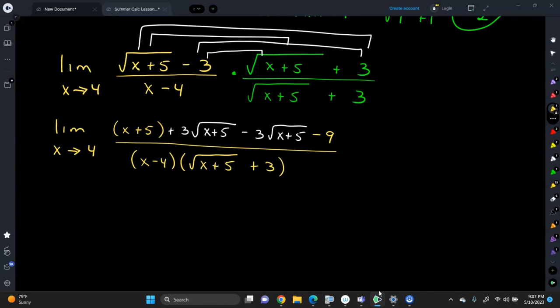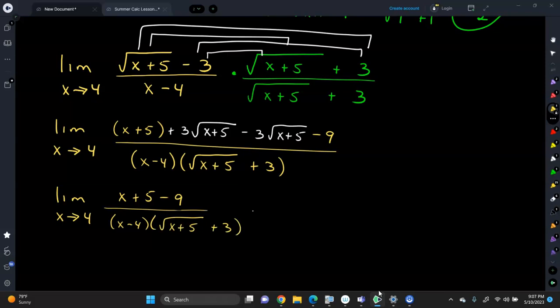Okay, so on top, I have the limit as x approaches 4, and we have x plus 5 minus 9 over x minus 4 times the square root of x plus 5 plus 3. This is equal to, right? This is x minus 4. So the x minus 4s are going to cancel.